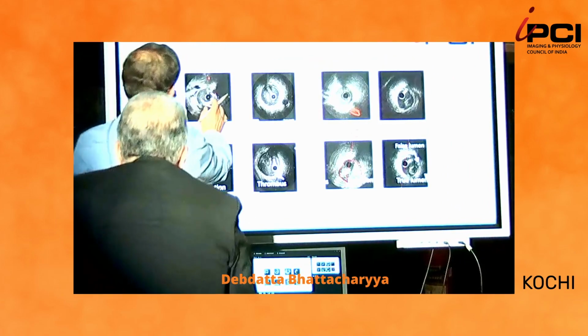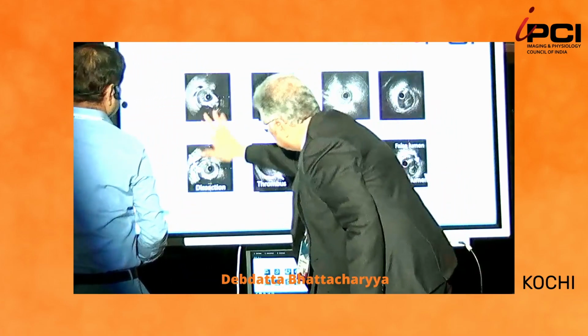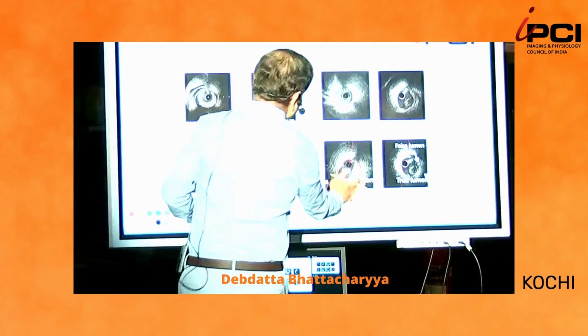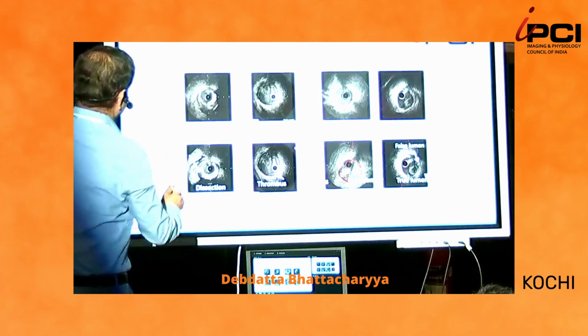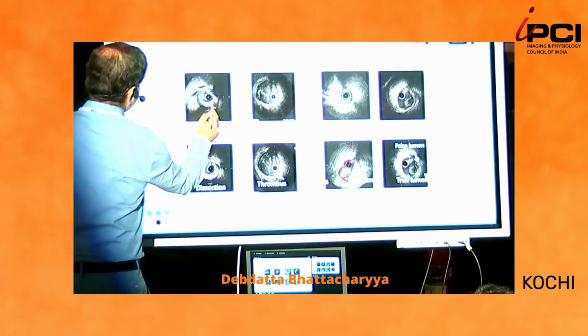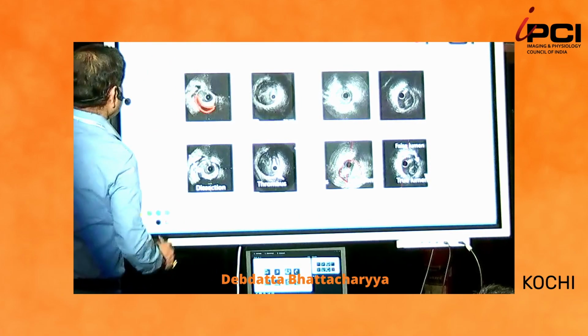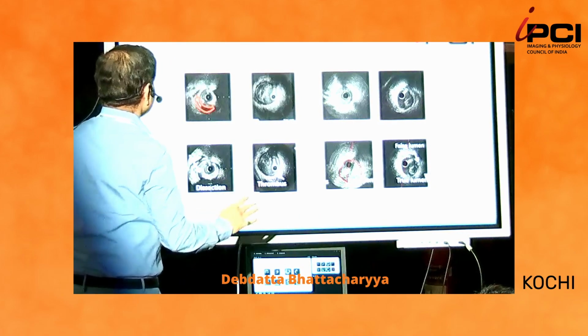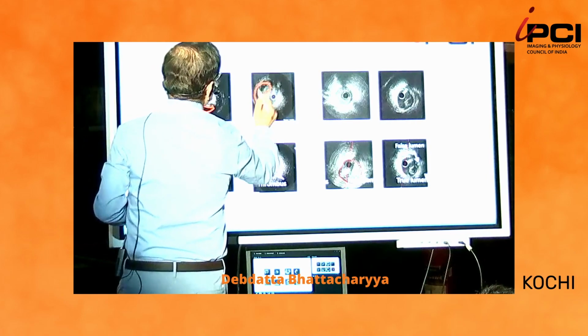Now, this is an image of a dissection, and I will show you the dissection here. So the dissection is here. Just remember these images because we will go on to artifacts after this. This is the image of thrombus.